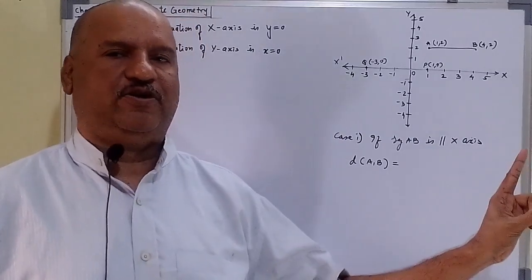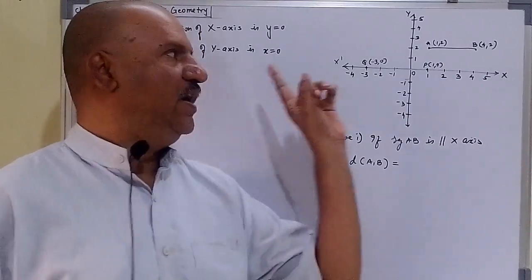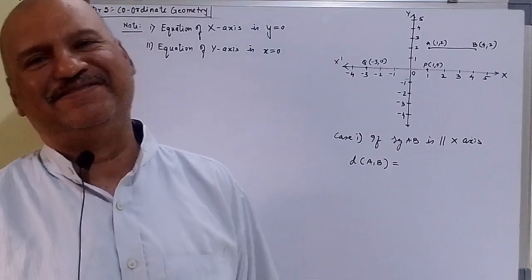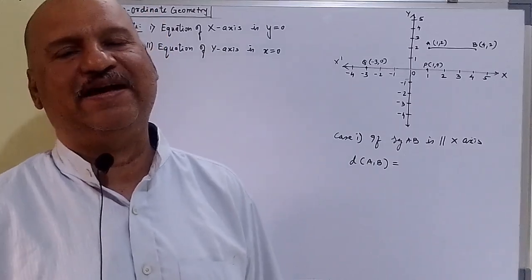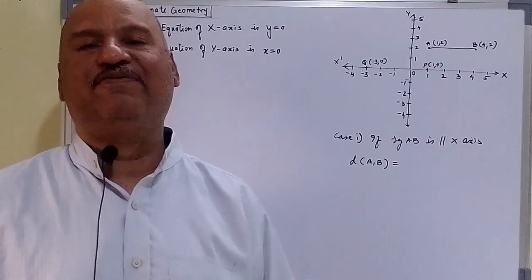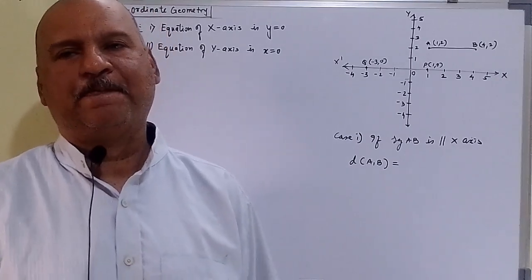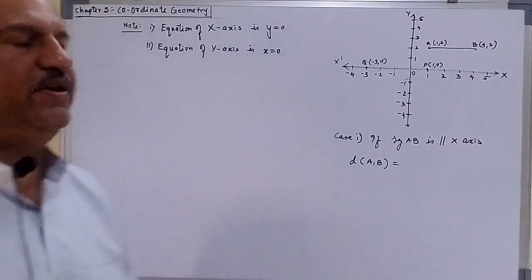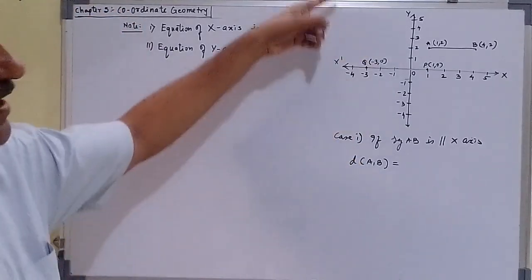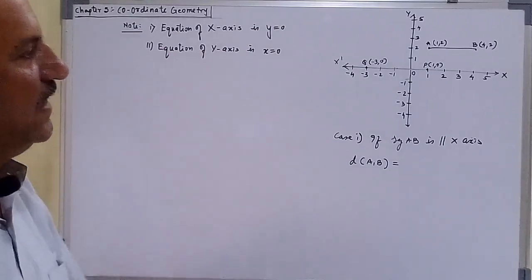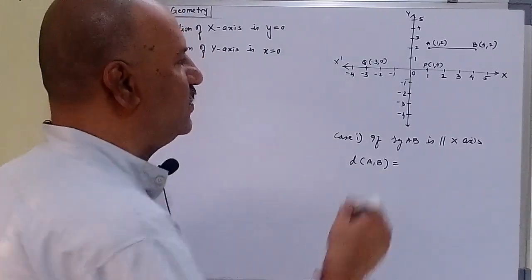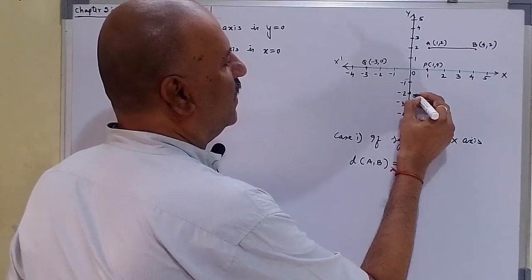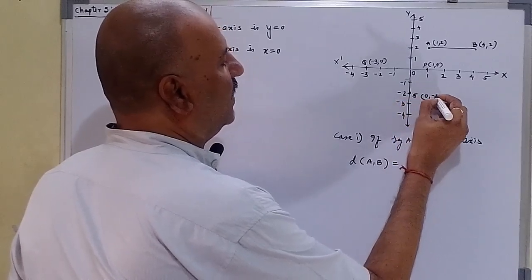Any point on the x-axis, listen carefully, will have its y coordinate 0. The y coordinate will be 0 on the x-axis. And that is why the equation of the x-axis is y equal to 0. In the same way, any point on the y-axis will have its x coordinate 0. Suppose I take this as S, then its coordinate will be (0, -2).